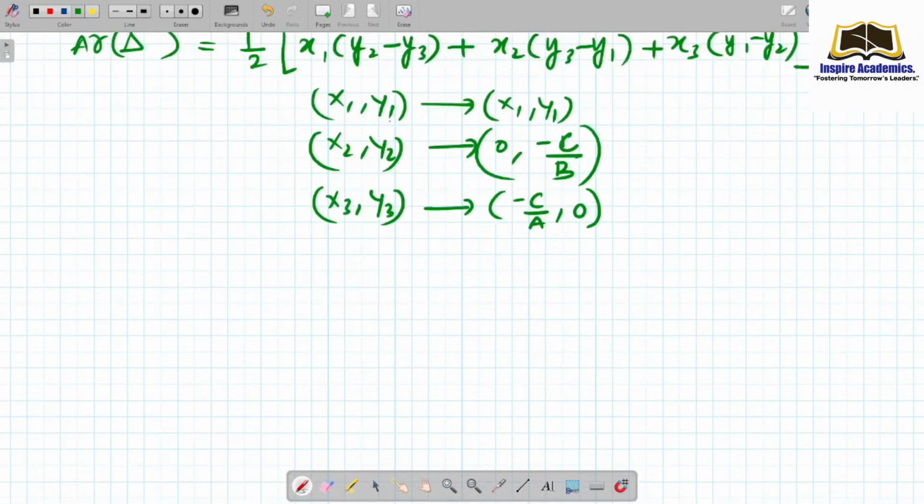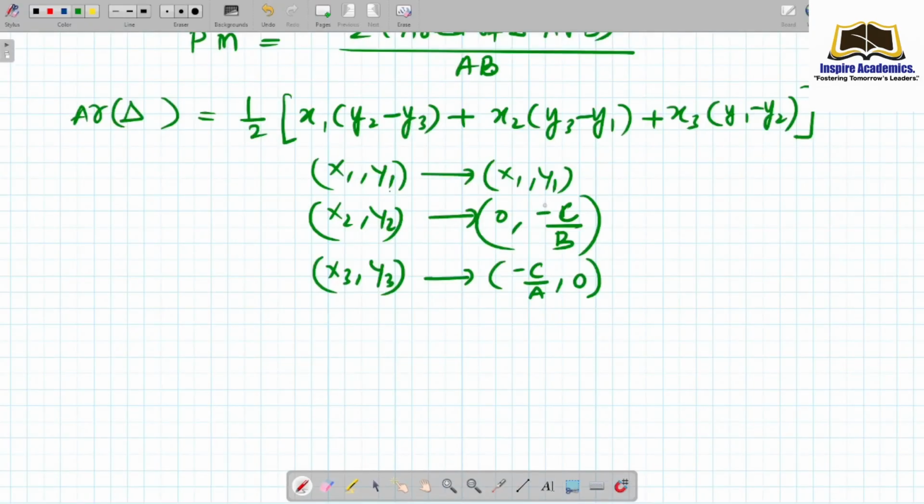Based on this, all you have to do is simply put these values in the formula. So you will get the area of triangle PAB.